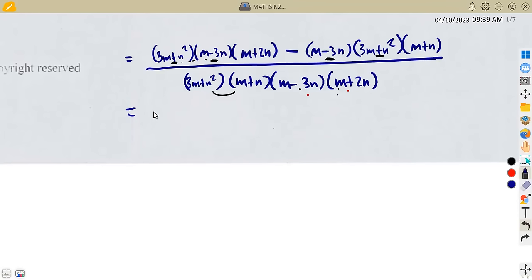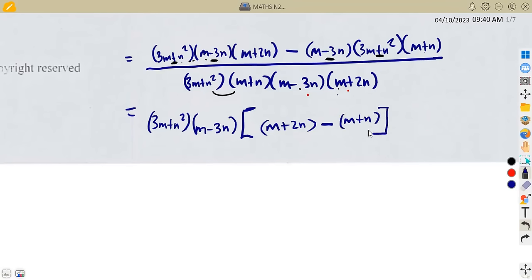If we factor out, we're going to have 3m plus n squared into m minus 3n, which are the common brackets that we have in this case. So if we factor out these two brackets here, these two will divide, so we are going to remain with m plus 2n. Minus, we factor out these two brackets from here, m minus 3n will cancel, 3m plus n squared will cancel, we remain with m plus n. So this is what you're going to remain with.